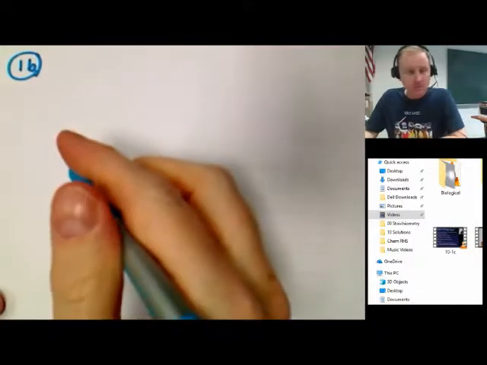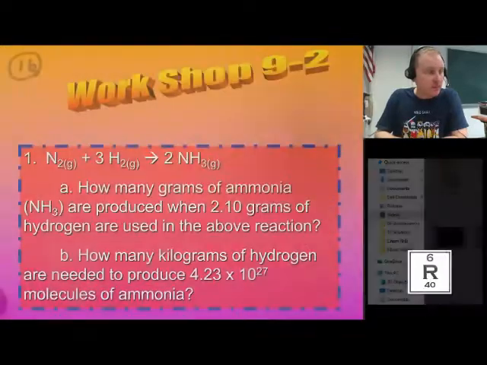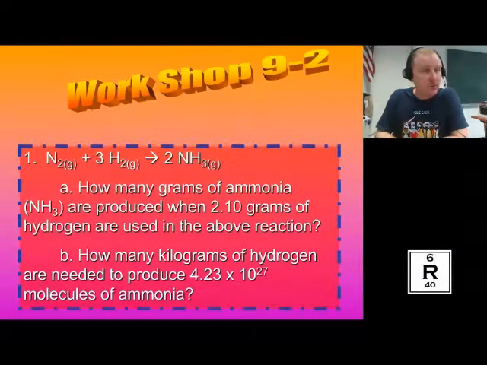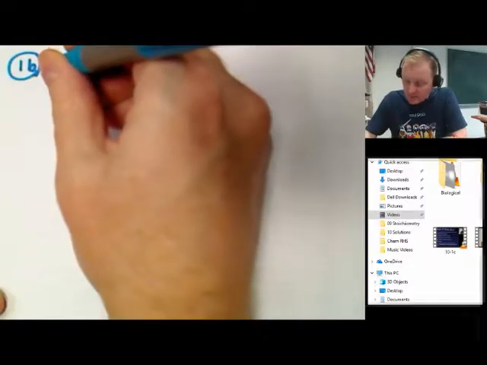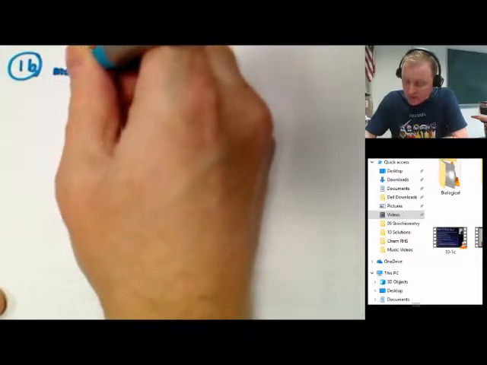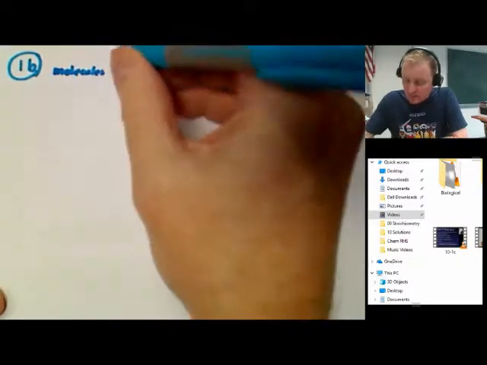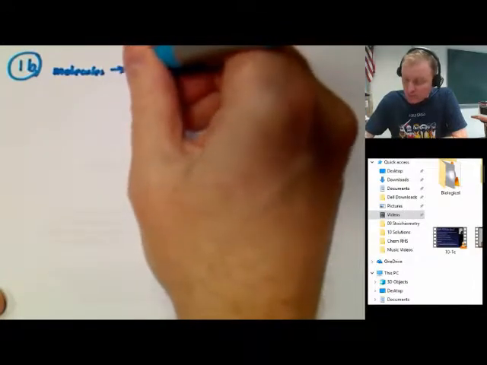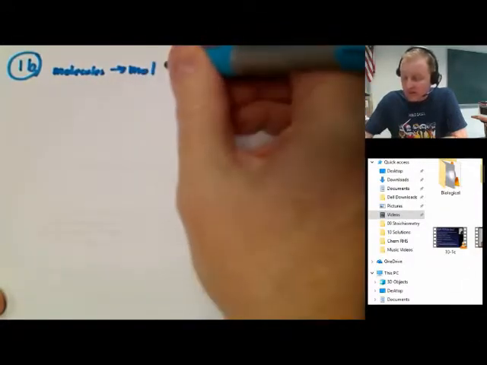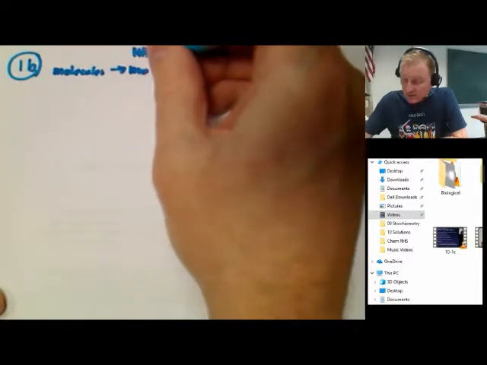Okay, so for 1B, we are looking at this problem here, and we know the amount of molecules of ammonia. We're going to convert it into grams of hydrogen. So to set this up, I'm going to talk about a road map. I'm going to go from molecules to moles of ammonia, NH3.